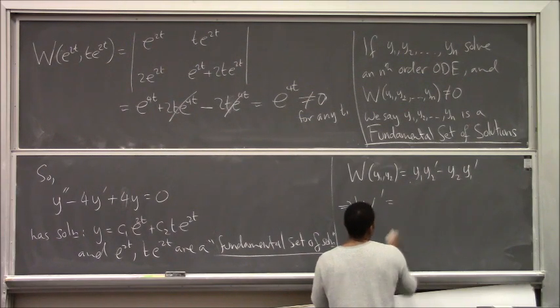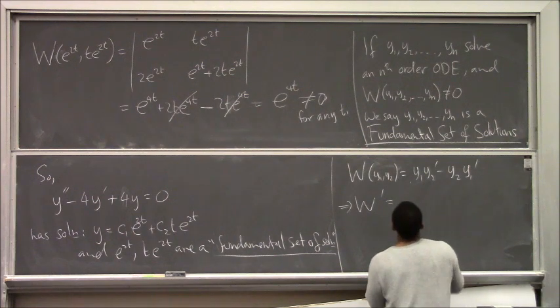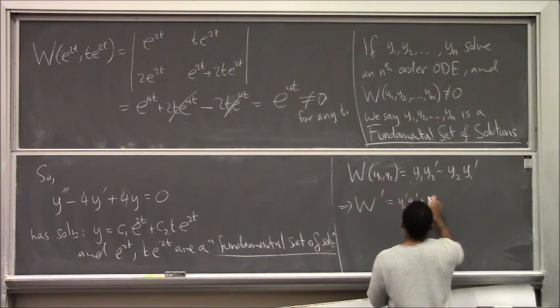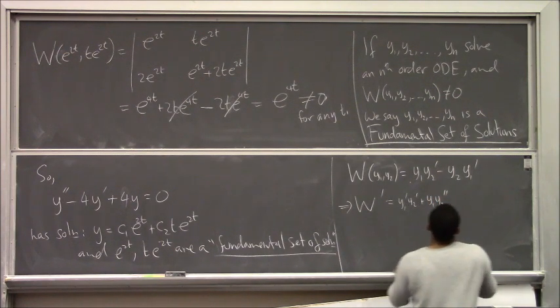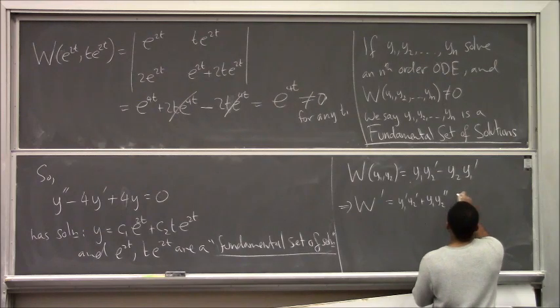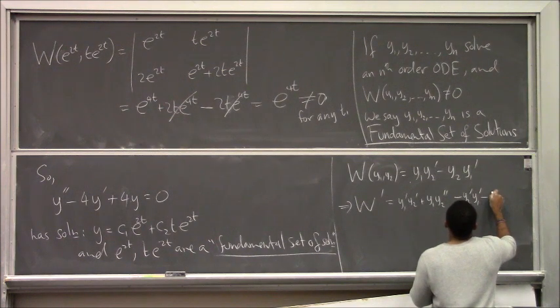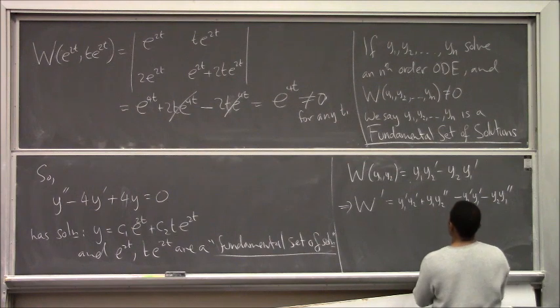Product rule. What would I get? y1 prime y2 prime plus y1 y2 double prime. Here, I would get y2 prime y1 prime minus y2 y1 double prime.